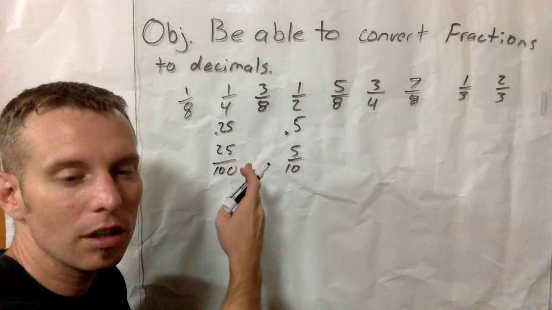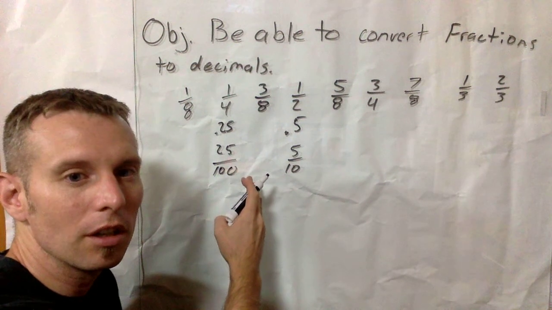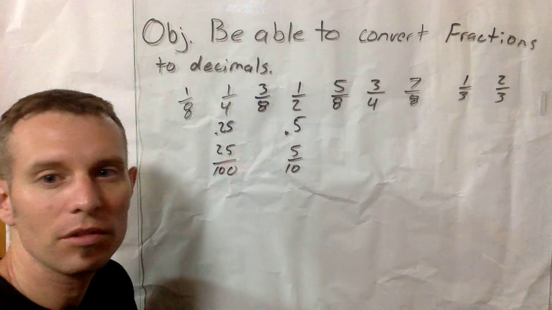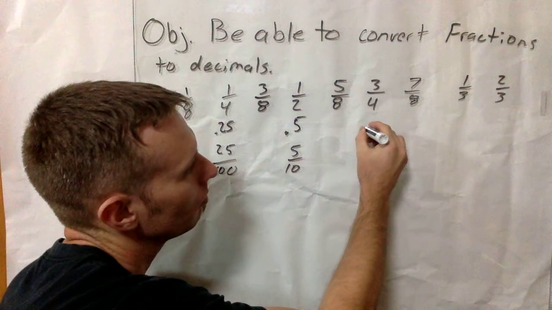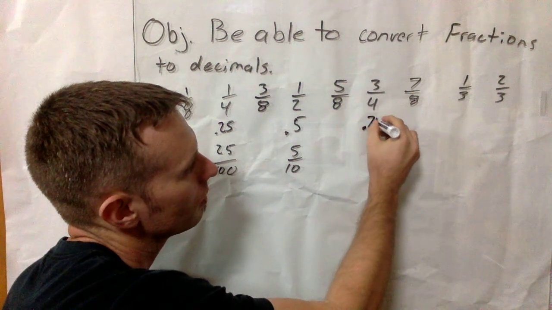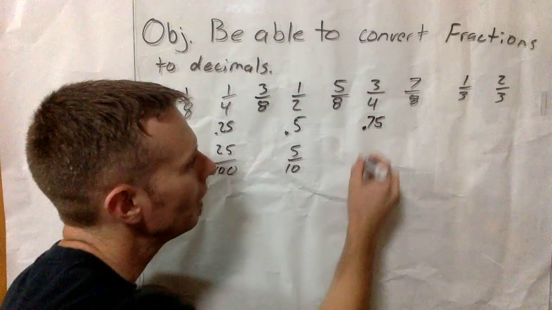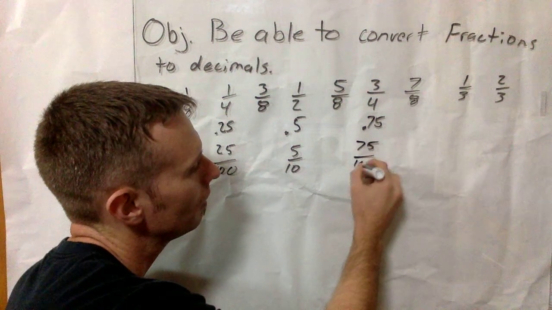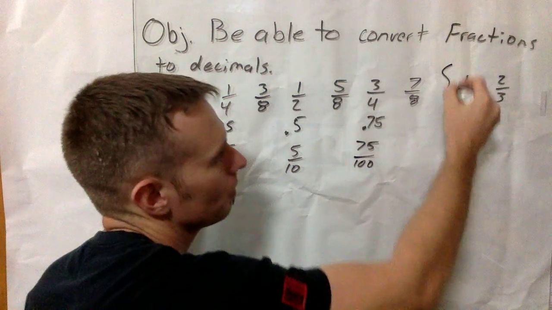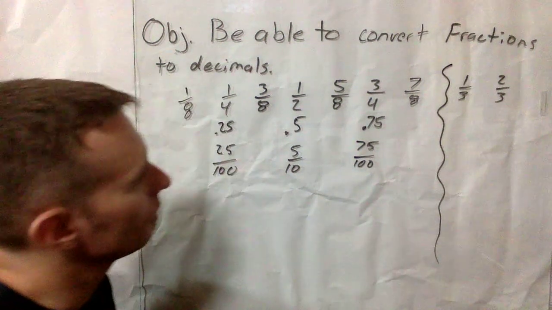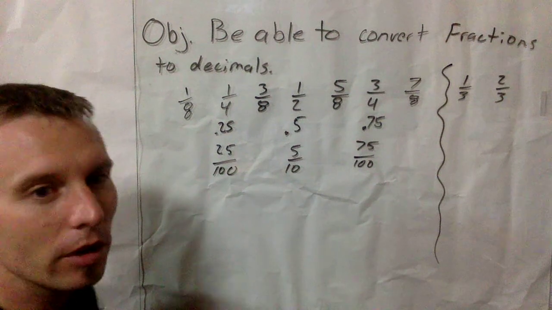And if we simplify this fraction, we get the equivalent fraction of 1/4. Most people know that 3/4 is 0.75 or 75 over 100. And so these are ones that we already know.